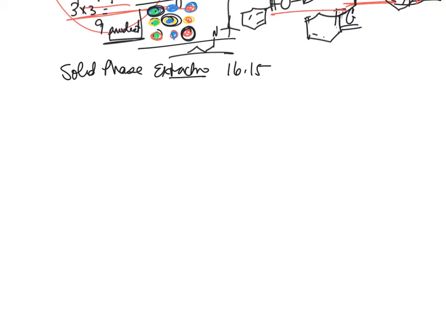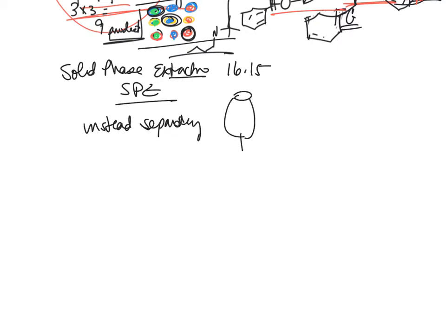So if you look at that, that's solid phase extraction, SPE, and we did this a lot. So you see those. This is instead of separatory funnels. Okay, so a lot of times you all have used separatory funnels to separate the two liquids, right?